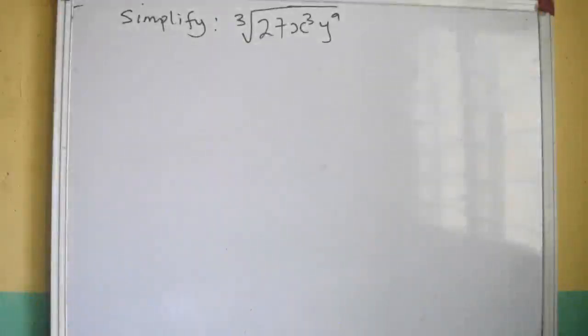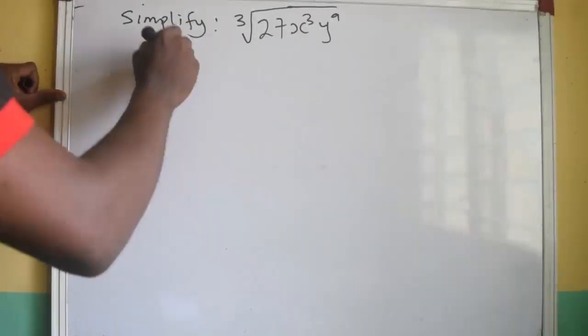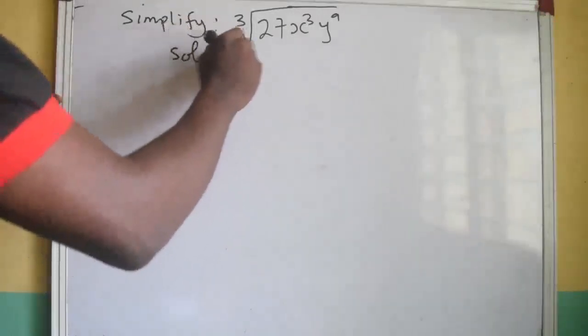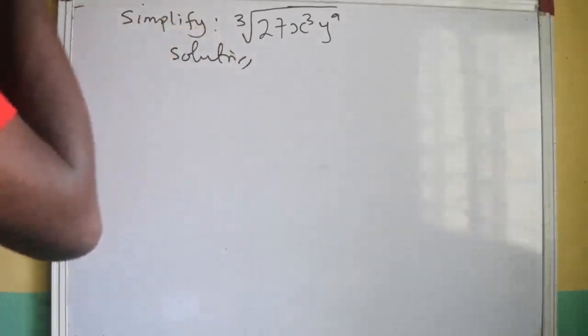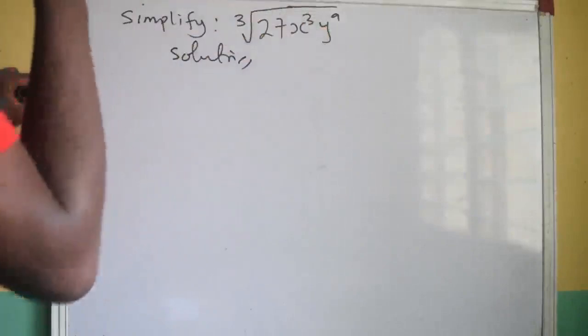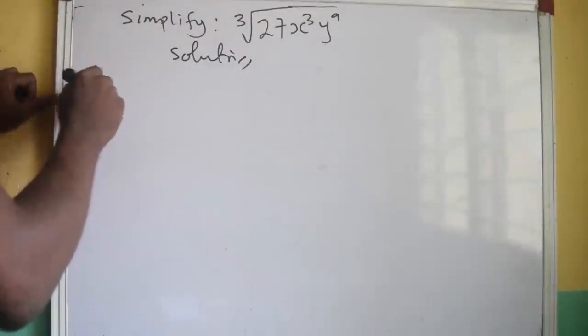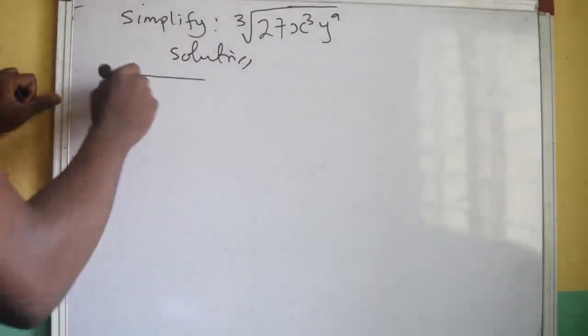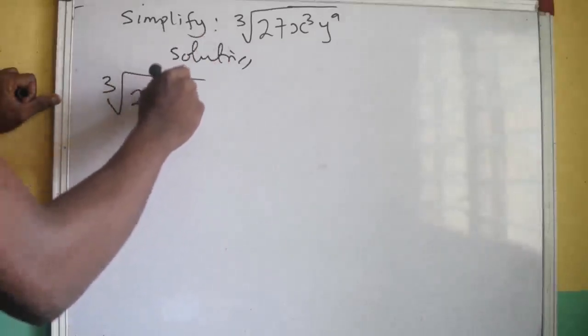So this is another question, a replica of the former one I did. So the solution to this, you still have to apply the same technique. It will be this guy, which is the cube root of 27x raised to the power 3 y raised to the power 9.